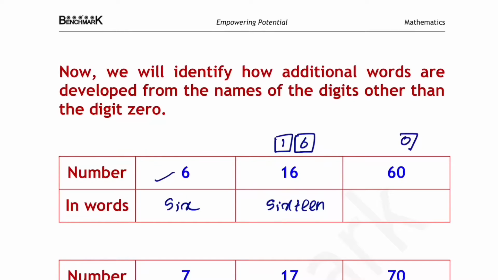When you keep digit 0 after digit 6, TY will be added to the name of the digit, which is SIX, so this becomes SIXTY, 60. That is why I have mentioned that digit 0 and digit 1 are special. Depending on where you keep those digits, different words are generated.